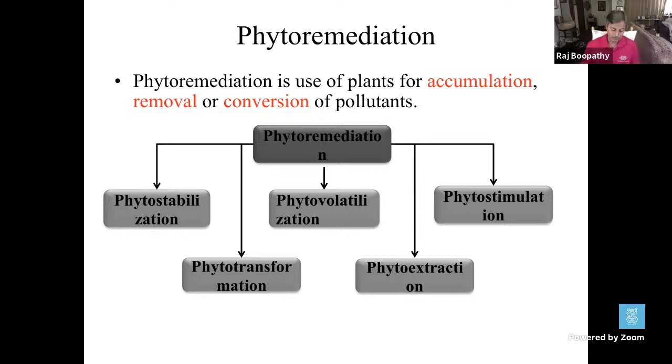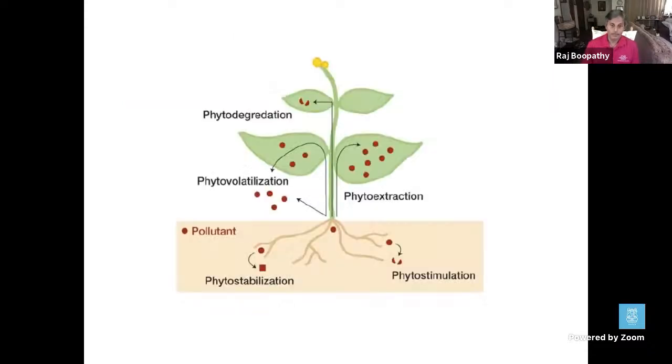Just on the next picture, you can see the plant showing all this phytodegradation happening right on the plant, phytovolatilization with chemicals going through the plant, and then you have stabilization and phytoextraction and stimulation going on.